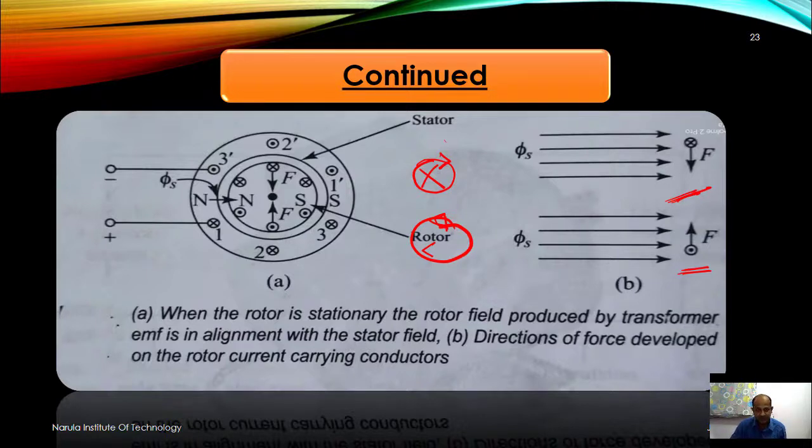But if somehow I give initial rotation or initial inertia to the rotor in a single direction, then the rotor starts rotating in that direction. To provide this initial rotation, many techniques have been developed, which we will study later. For that purpose we use an auxiliary winding which is 90 degrees in space quadrature with respect to the main winding, in addition to a capacitor.